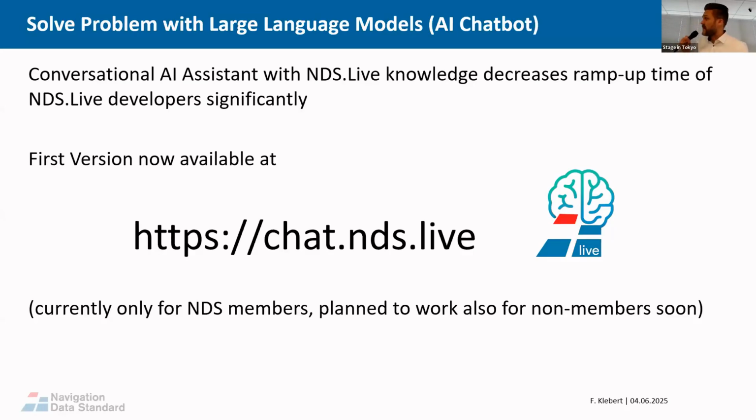It is unfortunately currently only available for NDS members. But this is not on purpose. This is actually just a small flaw in the implementation or deployment that we did. We're working with the IT provider of NDS, who does all the authentication and authorization for us, to also get the evaluation members in. So it should be fixed within this week, I hope.